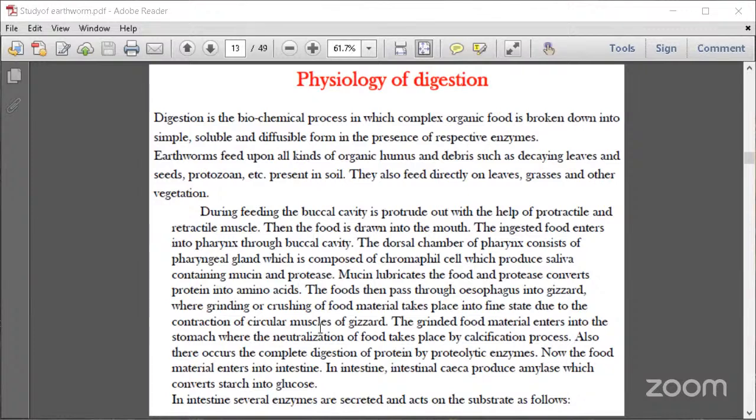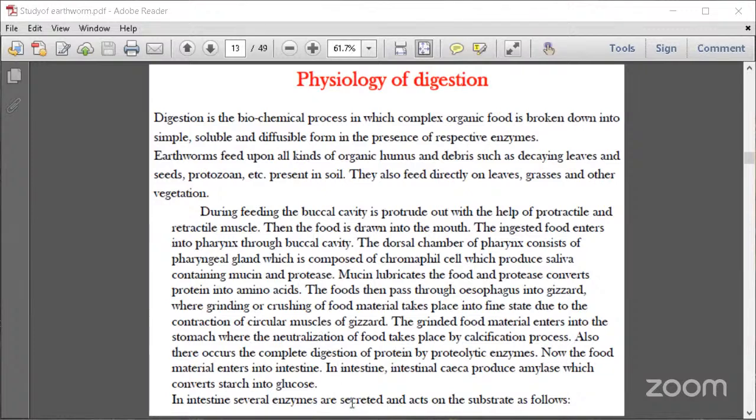During feeding, the buccal cavity is protruded out with the help of protractile and retractile muscles. Then the food is drawn in through the mouth. The ingested food enters into the pharynx through the buccal cavity.